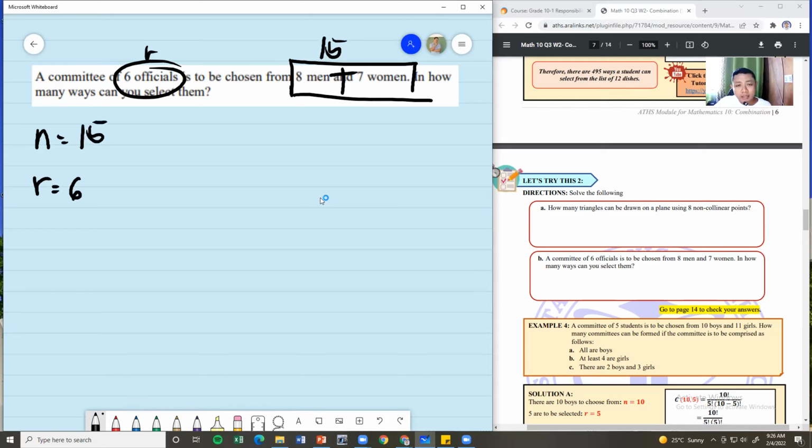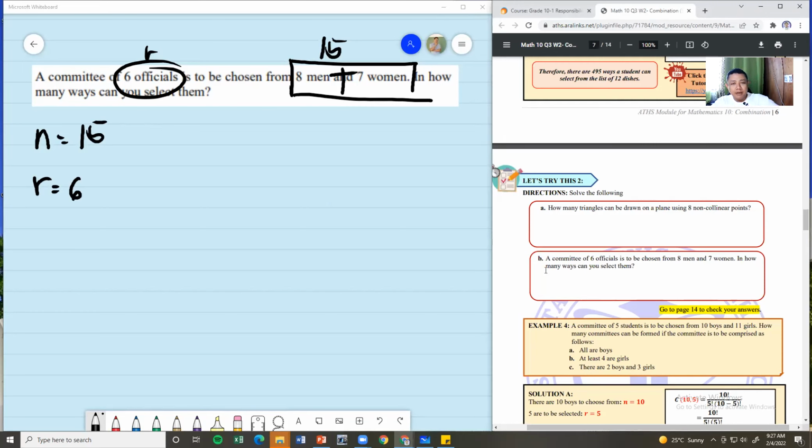So everybody, get your calculators and find how many combinations of 6 officials can be chosen from 15 men and women. Go. Type your answer in the chat box. Chester already solved his and he is correct. Very good. Chloe also sent hers.